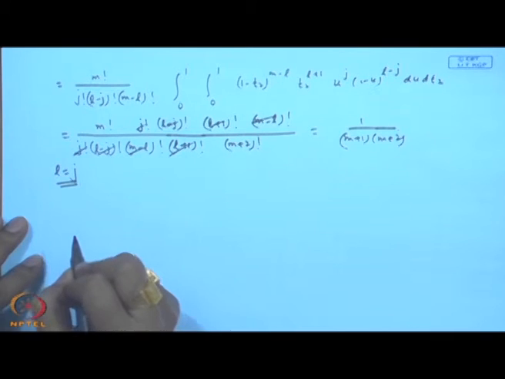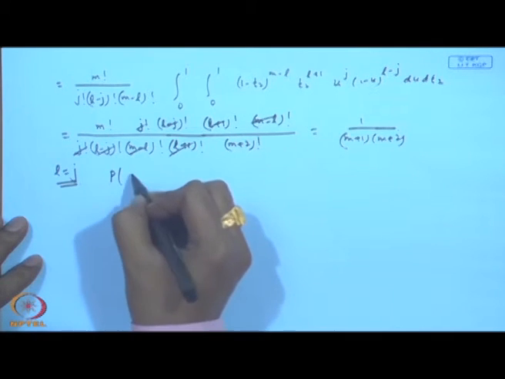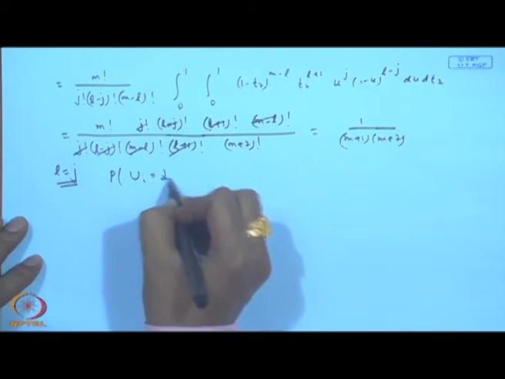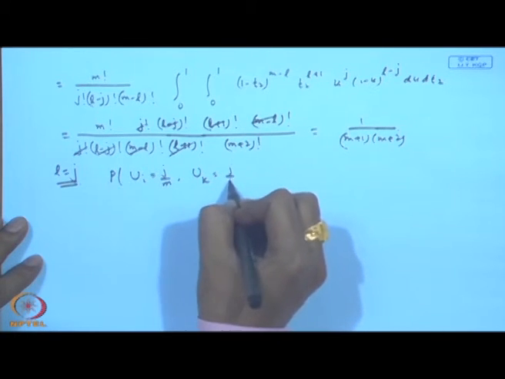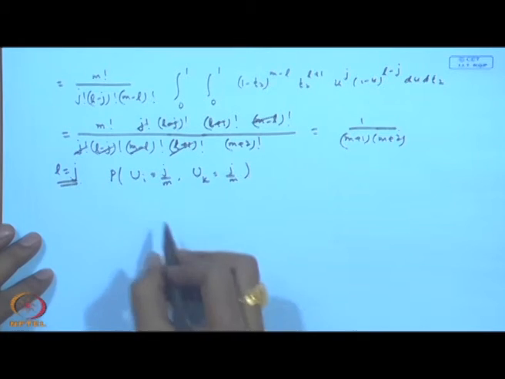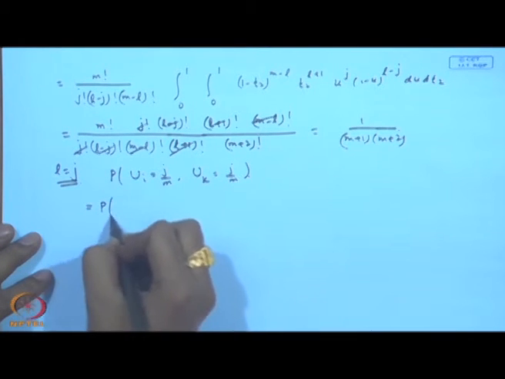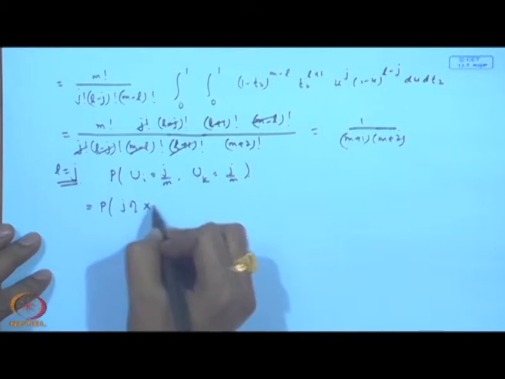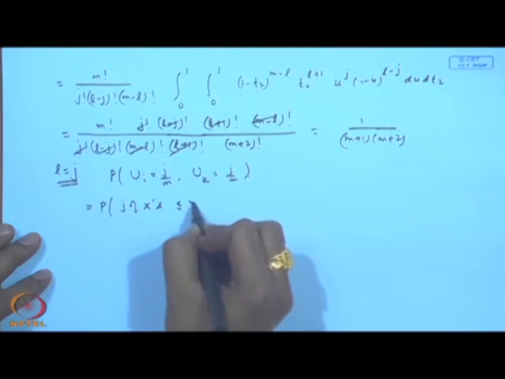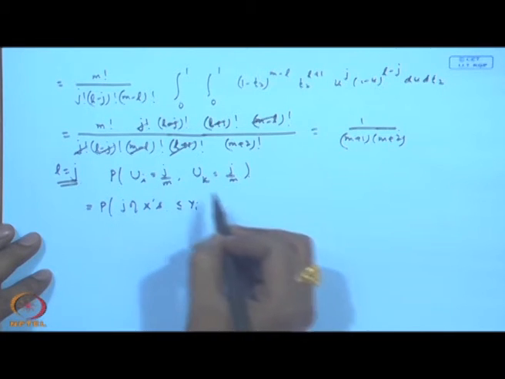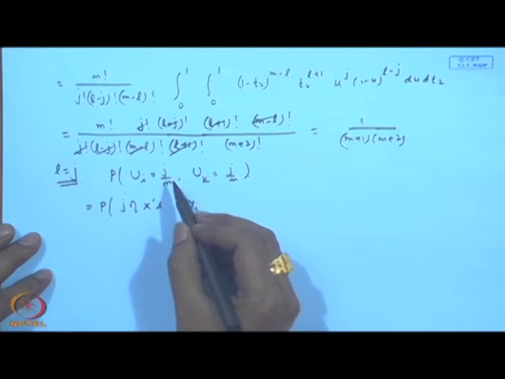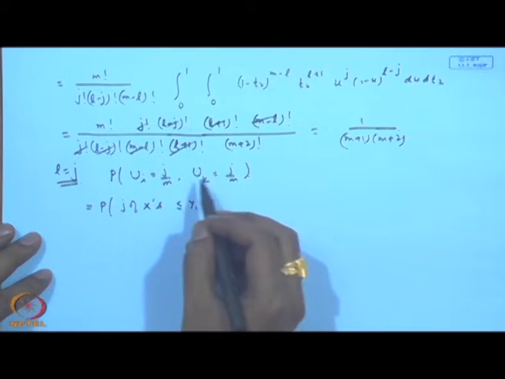In this case, I am saying u i is equal to j by m and u k is also equal to j by m. Then this is equivalent to saying j of the x s are less than or equal to y i. Now, among i and k, I have to assume something.